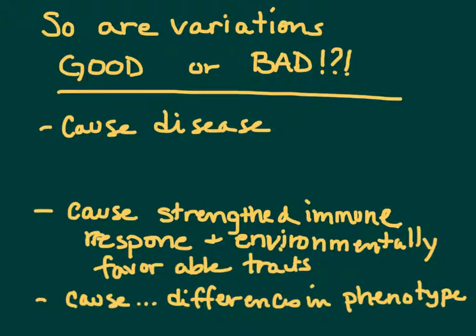So variations cause differences in phenotype. I think one of the examples Mr. DF posted on Google Plus is, would you edit your child's genome for IQ? Is a difference in IQ good or bad? Is it always good to be high IQ?